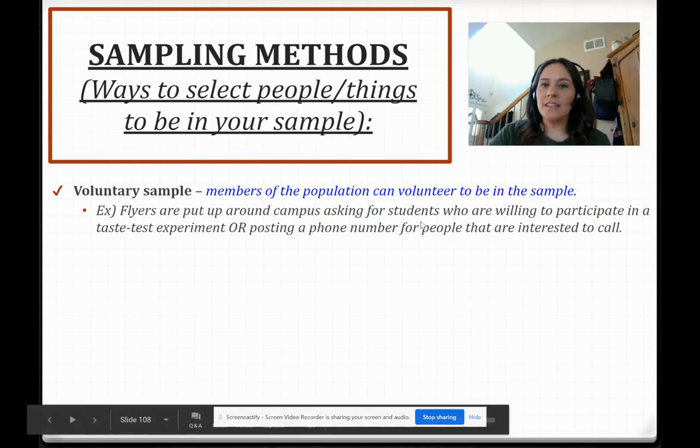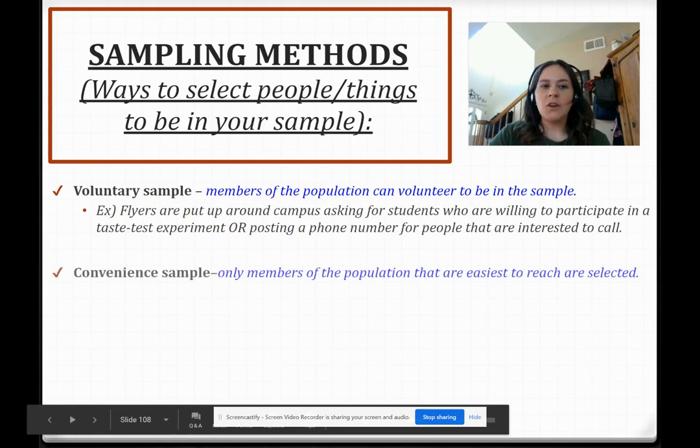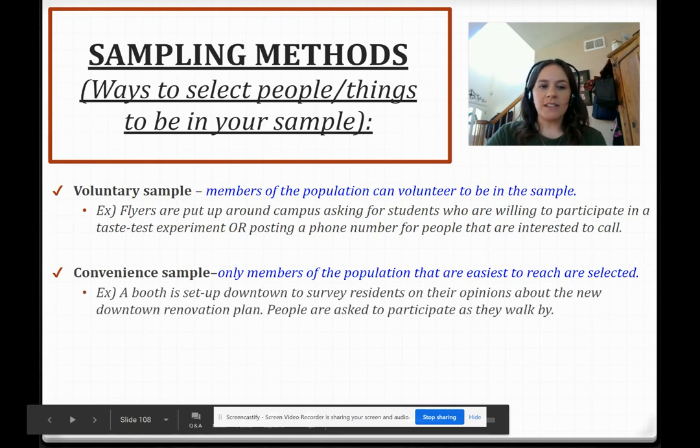Now our second sampling method is known as convenience sampling. This is when only members of the population that are easiest to reach are selected. An example of this is if a booth is set up downtown to survey residents on their opinions about the new downtown renovation plan. People are asked to participate as they walk by.